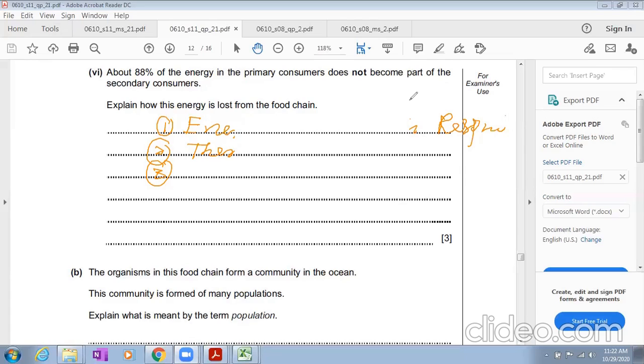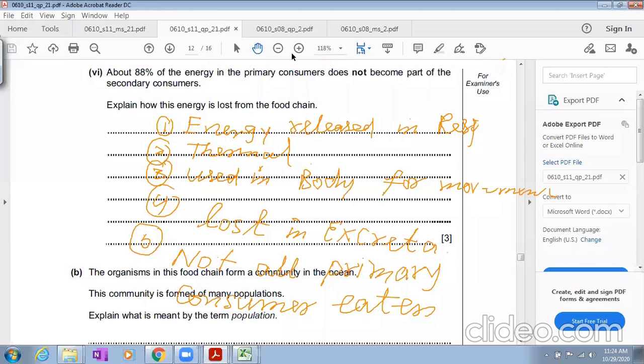And some may be absorbed into your body and become biomass of the secondary consumer. So your answer should be: energy lost in excreta during excretion, and not all of the primary consumer is eaten. Also, energy is used in the body for movement.